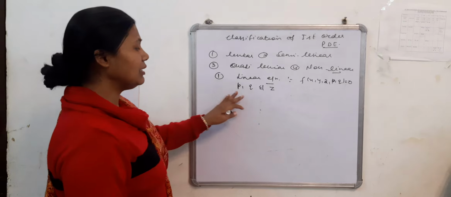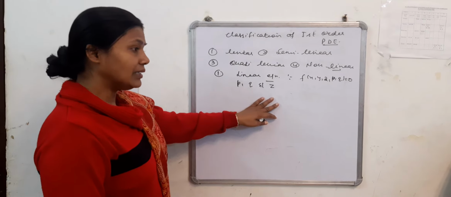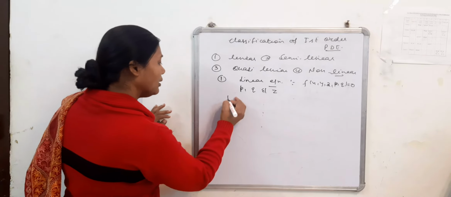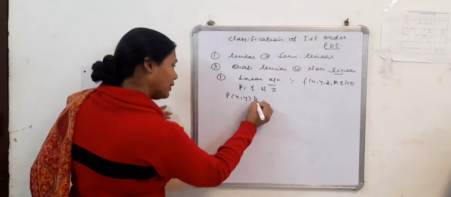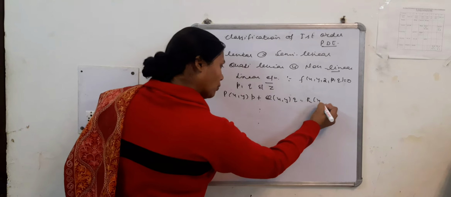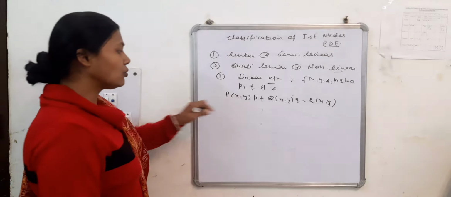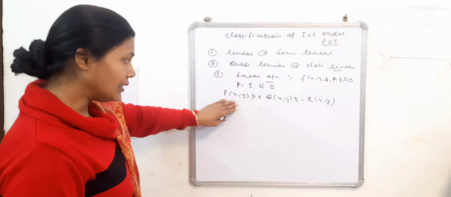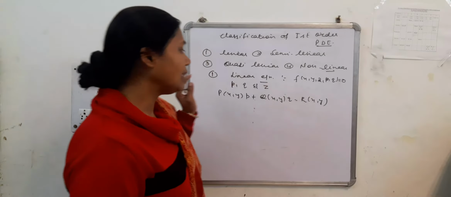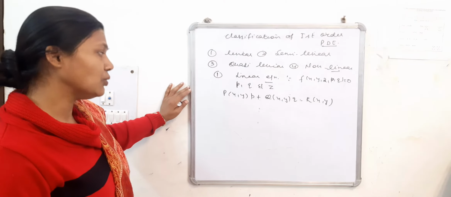That is, it should be of the form P(x,y)p + Q(x,y)q = R(x,y). It means the coefficient of p should be linear, the coefficient of q should be linear, and the right hand side terms of z should be linear.